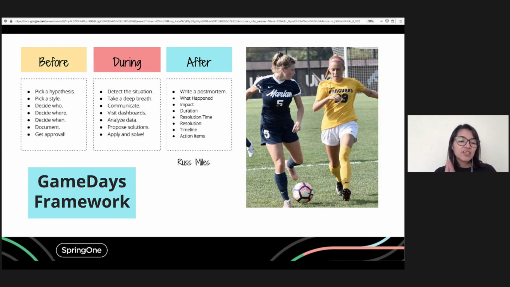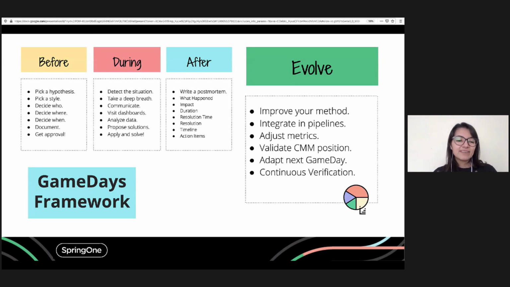So in our journey, we have evolved this framework: dedicating time to improve the method, integrating in pipelines, for example automating the activities that we run in the first phase, and adjusting metrics. Something very important here is to validate our position in the chaos maturity model in order to improve our adoption of this discipline in our organization.